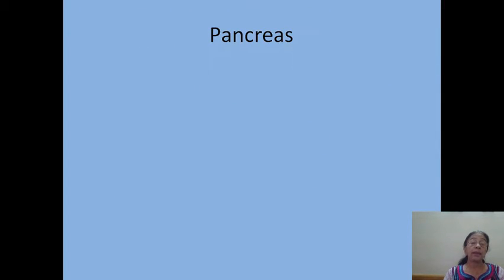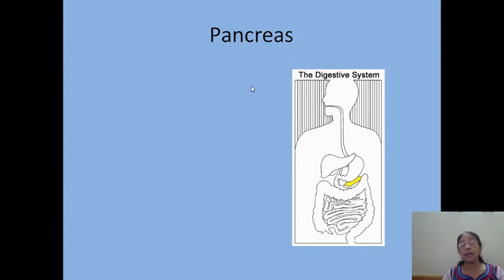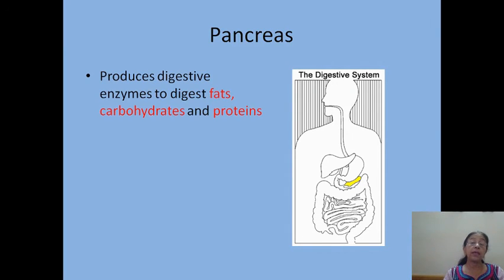Pancreas. The pancreas is another gland, shown with the yellow color. It also gives its secretion to the food in the small intestine. It gives pancreatic juice. याद करिए, फिर से याद कीजिए. स्टमक ने दिया गैस्ट्रिक जूस, लिवर ने दिया बाइल जूस, पेनक्रियाज देगा पेनक्रियाटिक जूस.